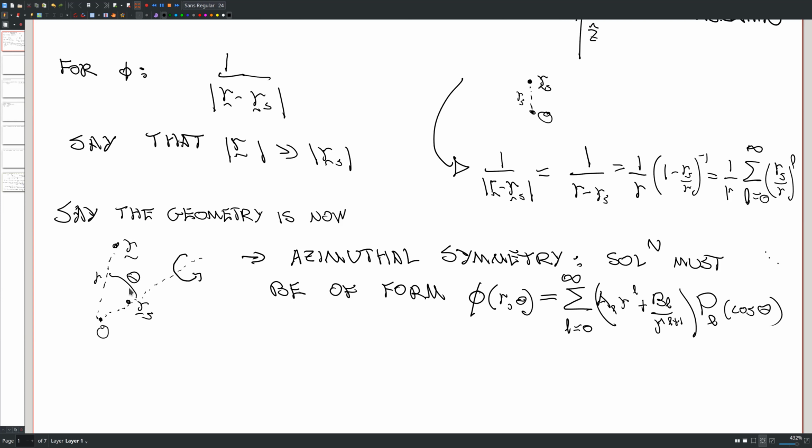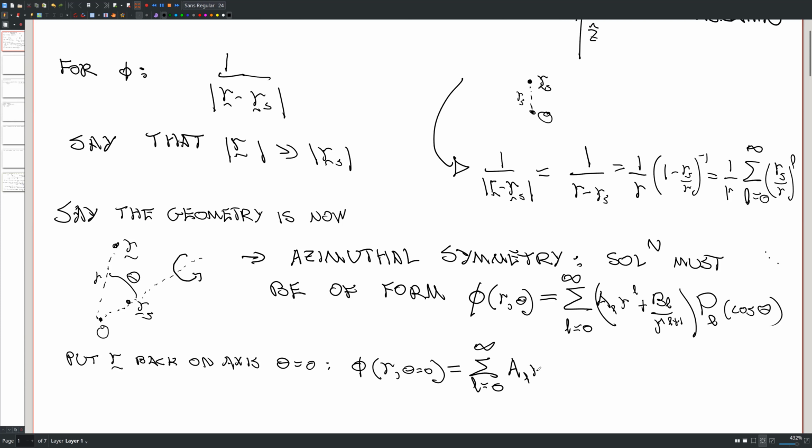When I put R back on the axis, theta is equal to 0, then I have that phi of R, theta equal to 0, is, using this expression, the sum over L from 0 to infinity of AL R to the L plus BL over R to the L plus 1.